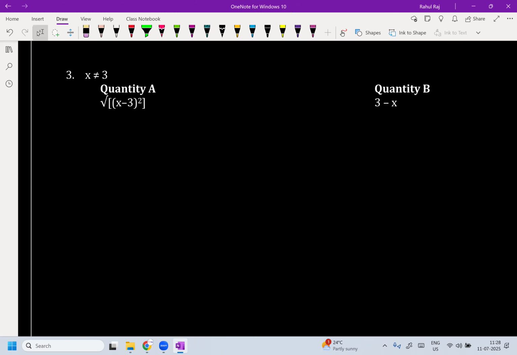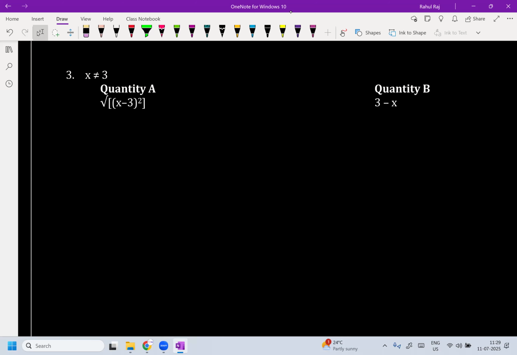Can we do question number 3, please? Quantity A is equal to quantity B in this one also.